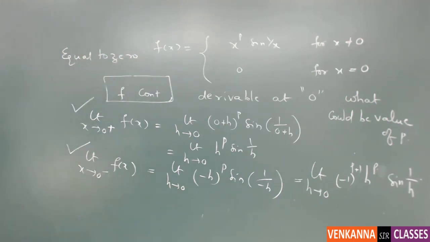Because if I say that the function is continuous at the point 0, it means that left hand limit, right hand limit, and function value, all the three must be equal to 0, right? Yes. So the right hand limit as well as left hand limit must be equivalent to 0. In such cases, what could be the value of p?